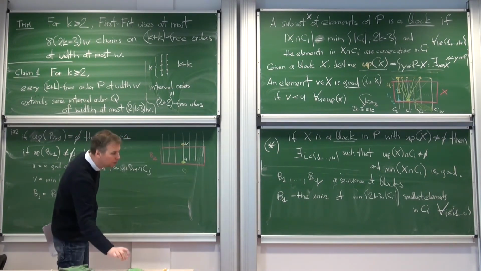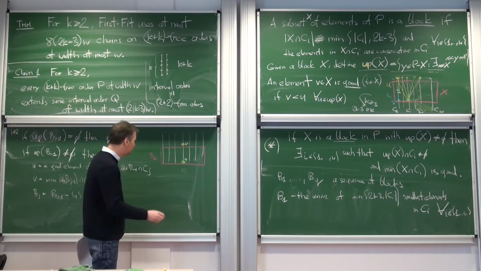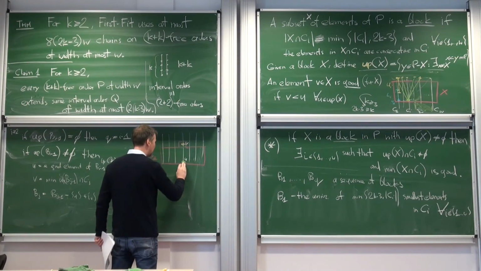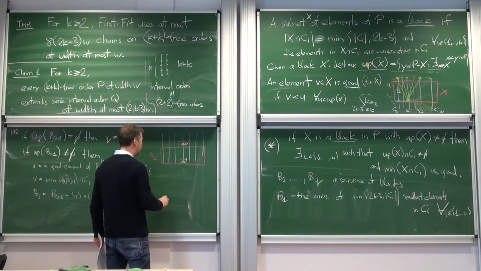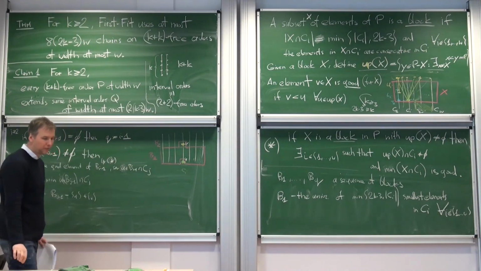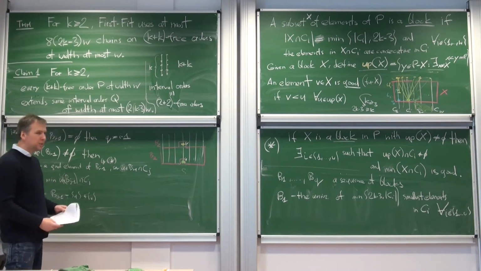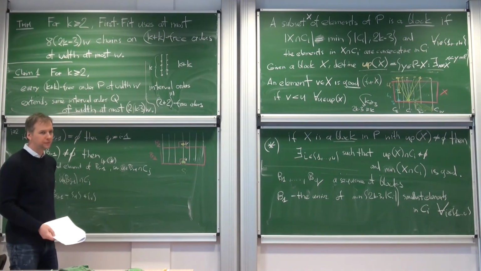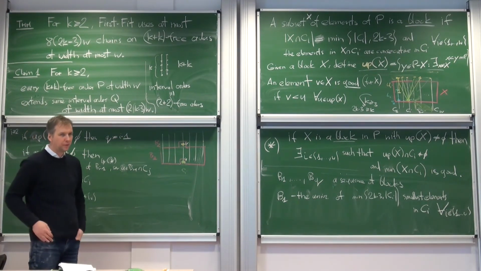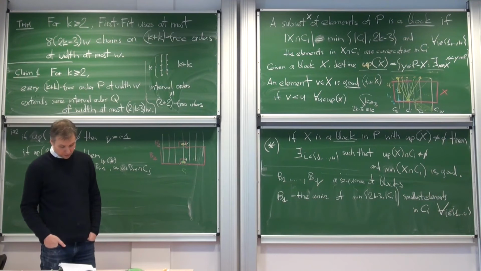So B2, if you want to envision B2, you would have this, and that would be now B2. Okay? And this way, we are moving. And eventually we stop, and that's our sequence of blocks.